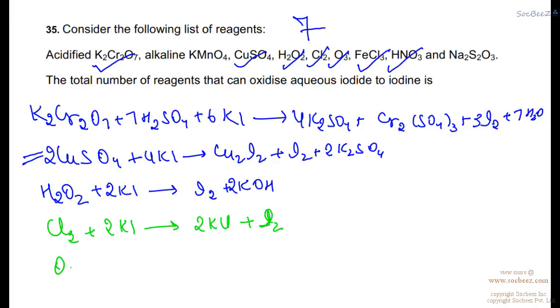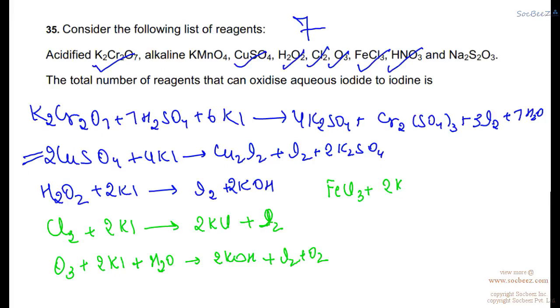Okay, and with ozone, the reaction is O3 plus 2KI plus H2O gives 2KOH plus I2 plus O2. The reaction with FeCl3 is 2FeCl3 plus 2KI gives 2FeCl2 plus I2 plus 2KCl.